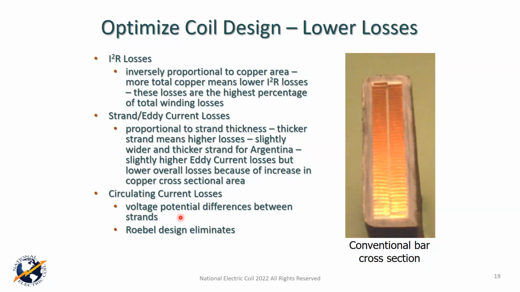So there really isn't any value going from a 720 to a 900 or a 360 to a 540 or whatever. That can be looked at, but it may be that there is an advantage to doing that. Quite often in what we see, we do end up increasing the Roebel if we have the space and the area, because it does help a lot in the way you minimize those losses.